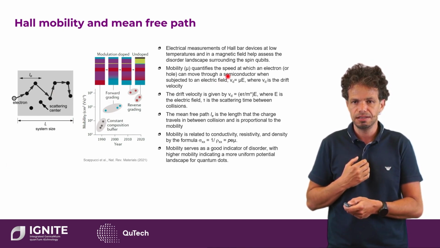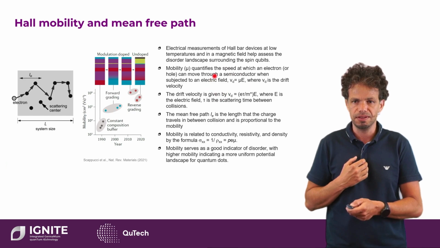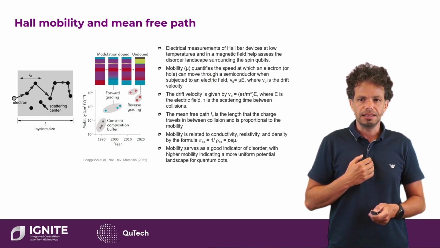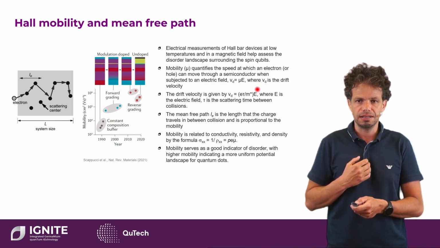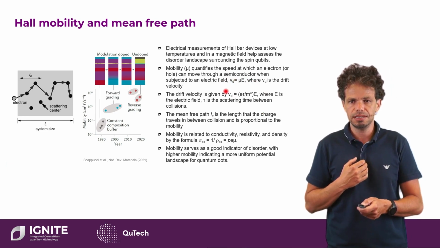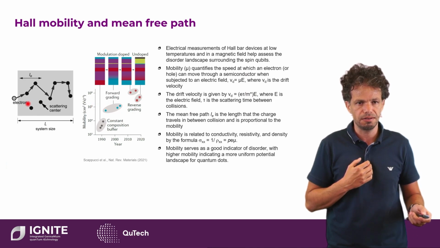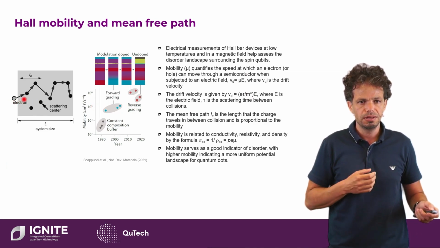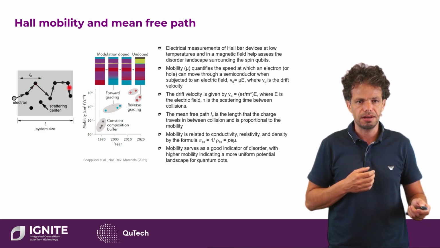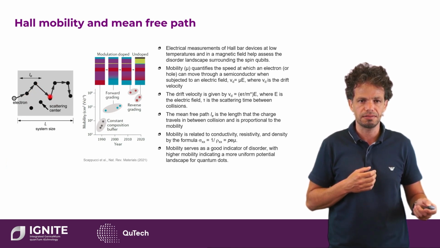It's defined via the drift velocity here, and this is the relationship that links together the drift velocity and tau, which is the scattering time between collisions. You have to think of a charge here, electron or a hole, traveling through your semiconductor, and it will feel scattering centers. And the mean free path is the distance it travels between the scattering events.